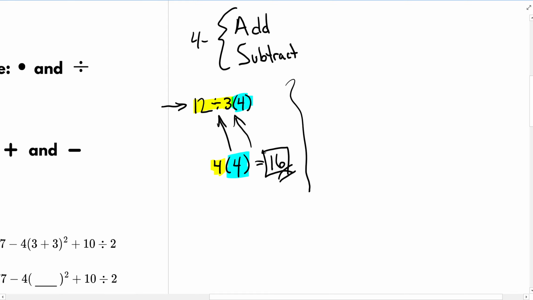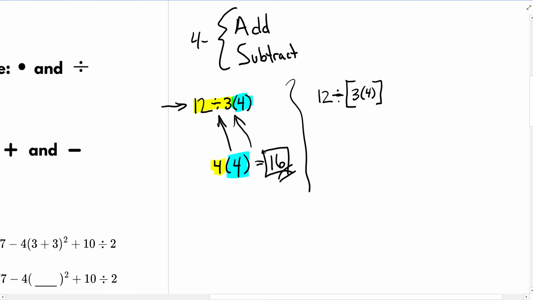But what if I want 3 times 4 to happen first? If I want to change the order, I have to put it in parentheses. So I take 12, divide by 3, parentheses 4. Sometimes when you have a set of parentheses and another set of parentheses, they'll swap out the parentheses for brackets. It has the same meaning. So we do inside the brackets and inside the parentheses.